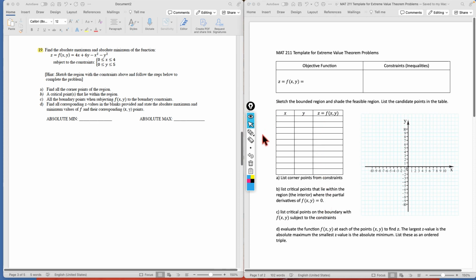So we come over and we're going to write our objective function, which is given to us here.